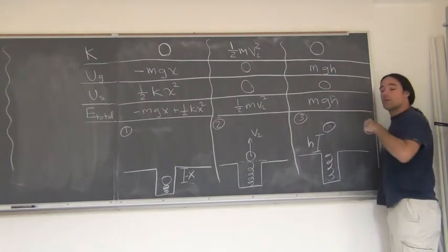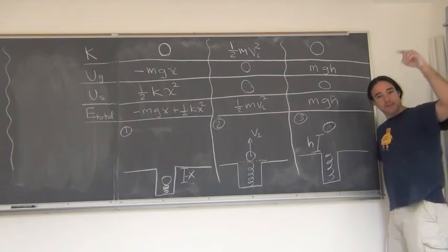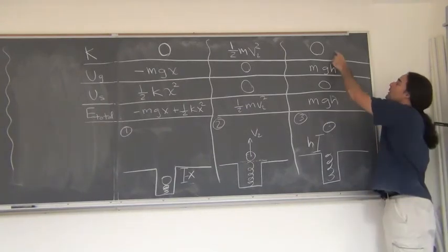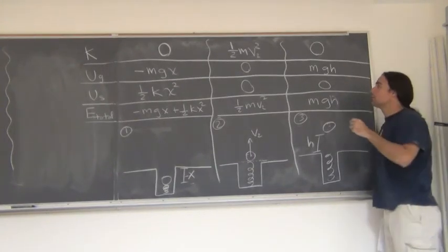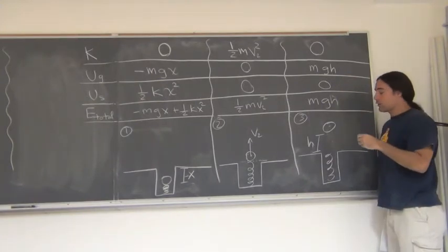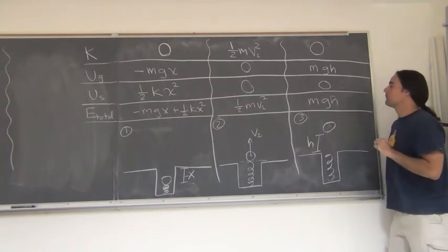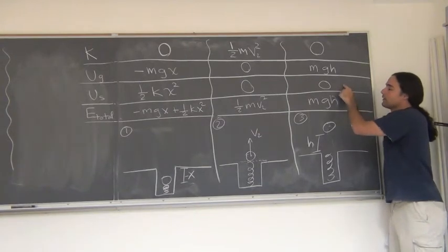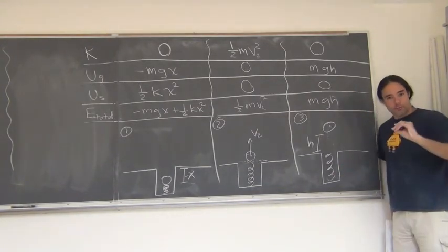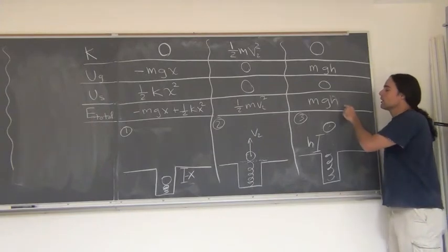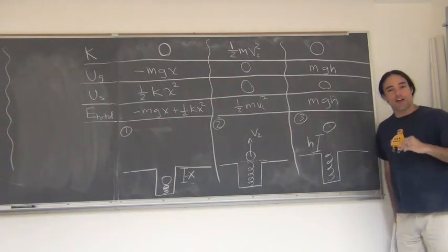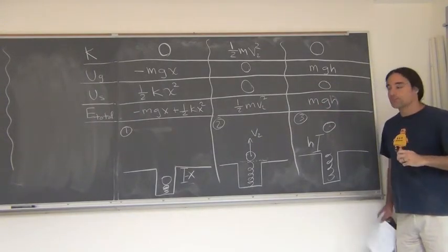Picture 3, the ball is not moving, it's at that peak in the air where its velocity is 0, so kinetic energy is 0. Gravitational potential energy is as big as it's going to be because it's the highest point that the ball is at. Spring potential energy is 0 because the spring is not compressed or stretched, which means the total energy is just the gravitational potential energy.